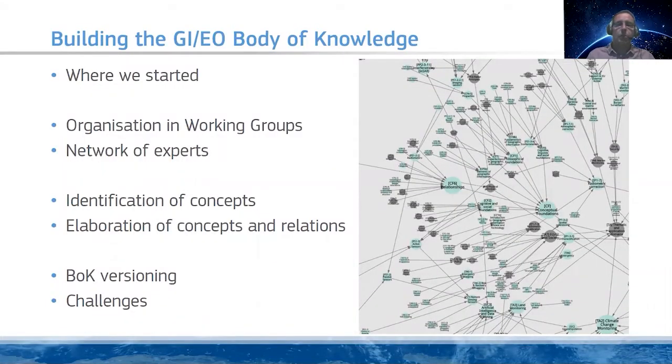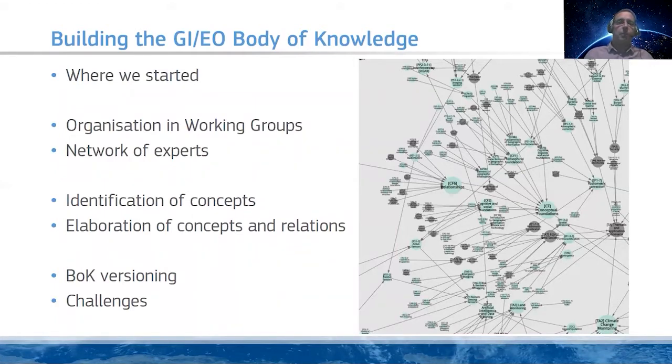This gives a short overview of what I will cover in this presentation. To begin with, where we started. Then I will explain how we organize the work in working groups and how we built a network of experts to help us develop the body of knowledge.